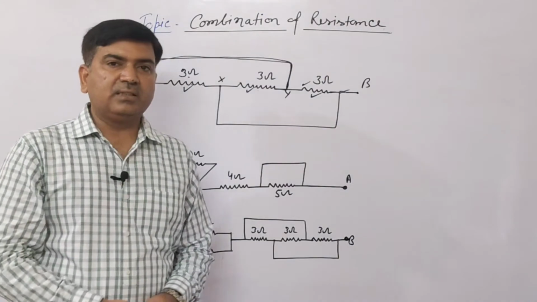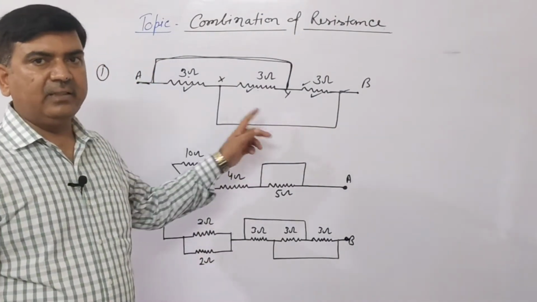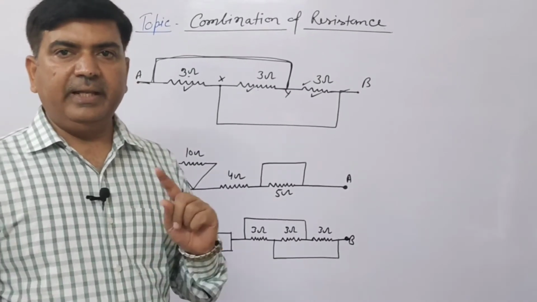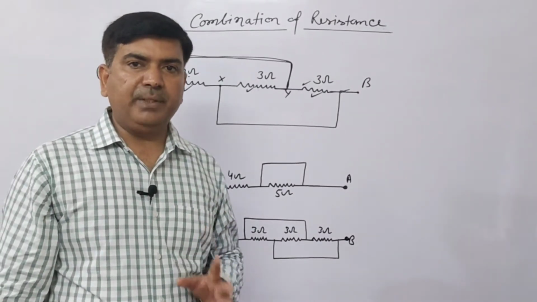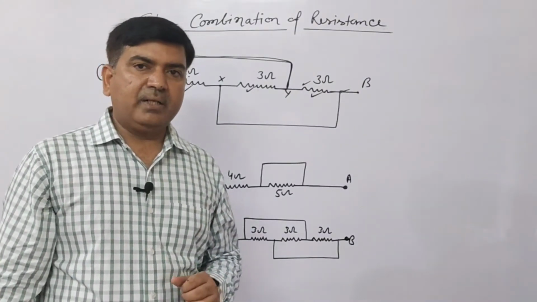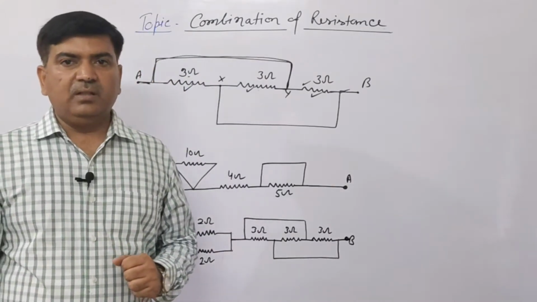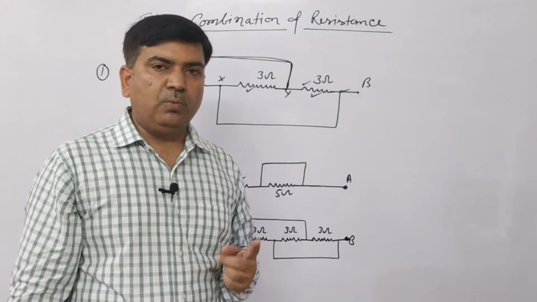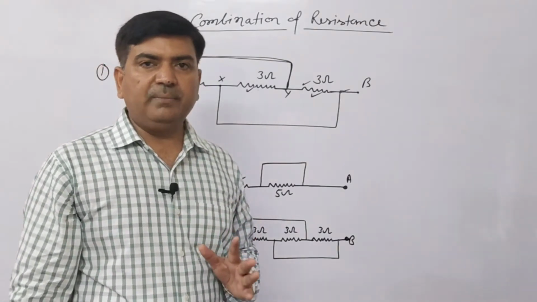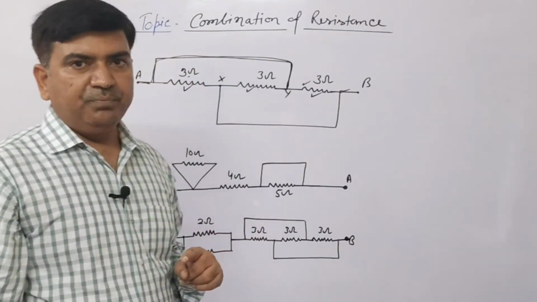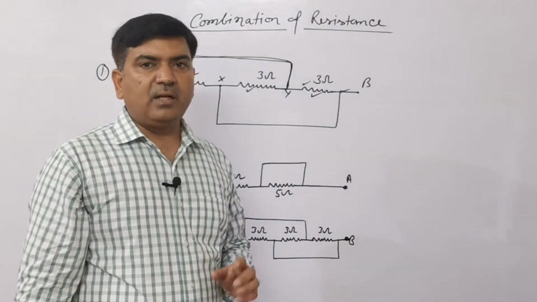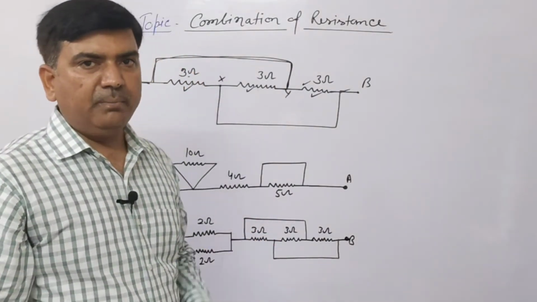All the resistances, the 3 ohm, 3 ohm and 3 ohm, are joined between points A and B in parallel combination. Children, remember, in a parallel combination, if one terminal of all the given resistances is joined with one point, and the other terminal is joined with another point, then the combination is known as a parallel combination.